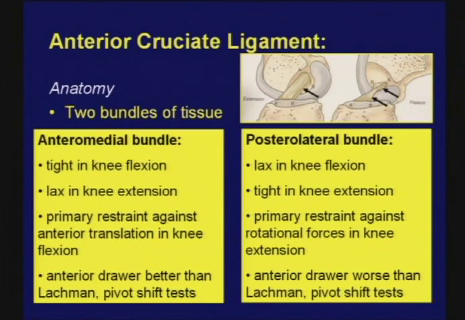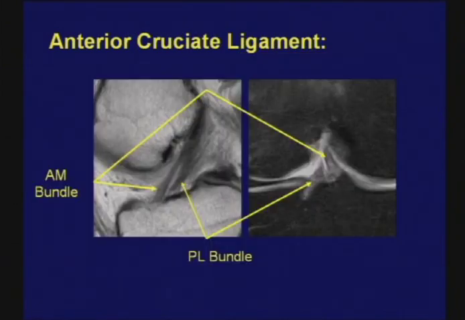With injuries to the anteromedial bundle, the anterior drawer test is better than some of the rotational tests that are accomplished. And in the opposite, with injury to the posterolateral bundle, it could be argued that it would be the rotational test that would be more sensitive to injury. We'll touch upon partial tears of the anterior cruciate ligament a little bit later.